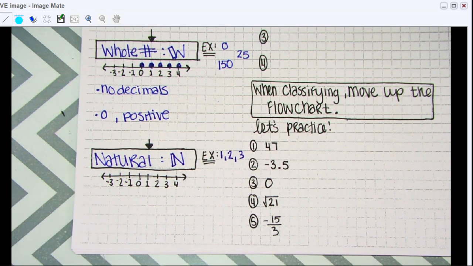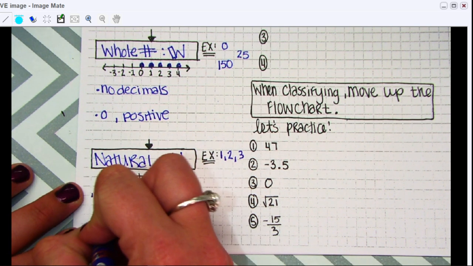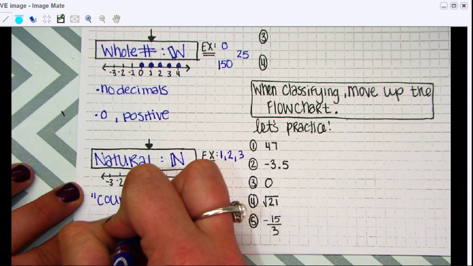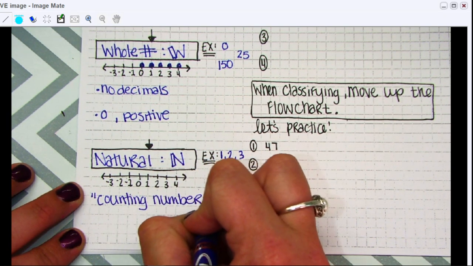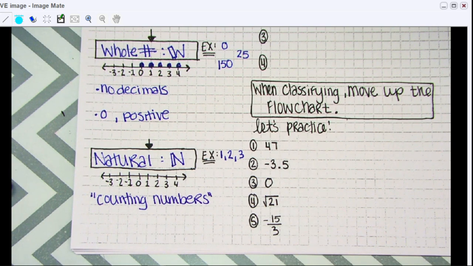They don't have to be consecutive. 4,802 is a natural number. We just can't start at 0. So these are referred to as counting numbers because if we tell you or ask to count to 10, you don't start at 0, you start at 1.